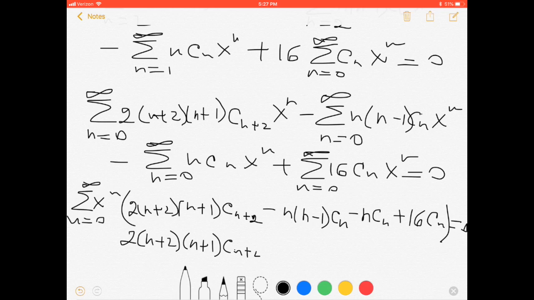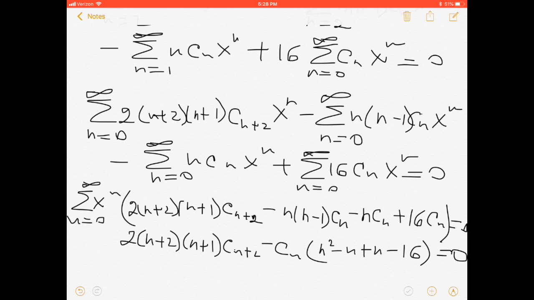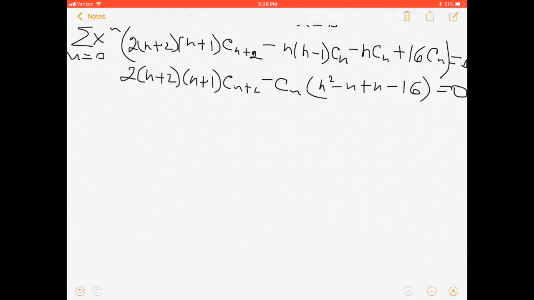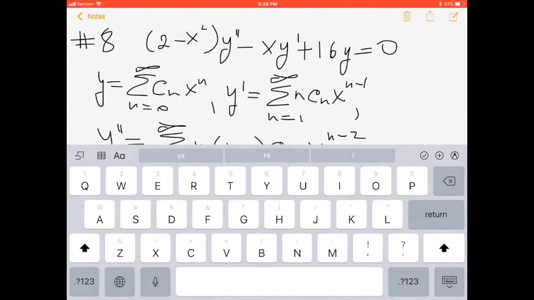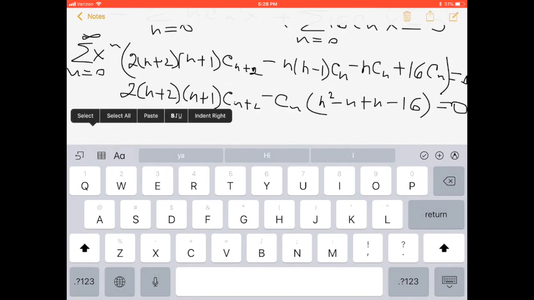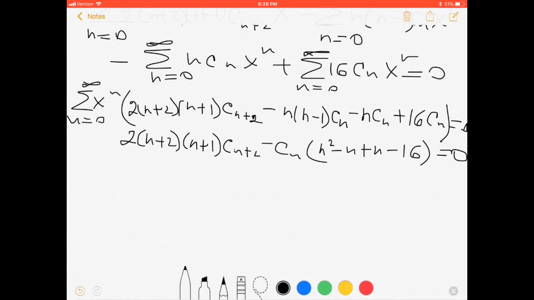Here we try to collect how many Cn's we have. We have n squared minus n plus n minus 16, because I take it out, minus Cn. Okay, we can see what we have.